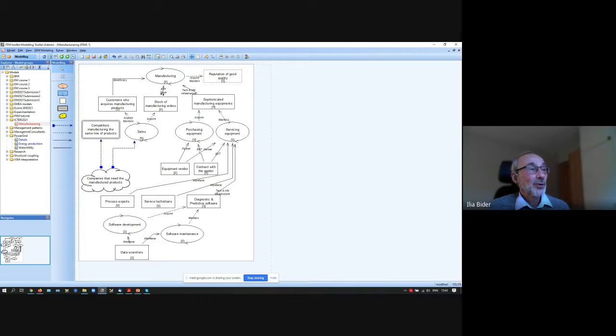These processes also need assets. For example, for purchasing, we need a partner equipment vendor. For servicing, we might need a contract with a vendor who provides spare parts and maybe technicians. And in this case, a company created special diagnostic and deductive software, which is used to see whether equipment needs service or the service can be postponed.